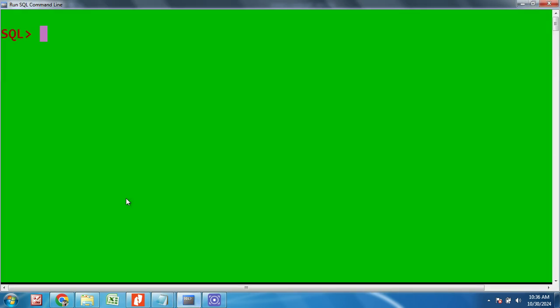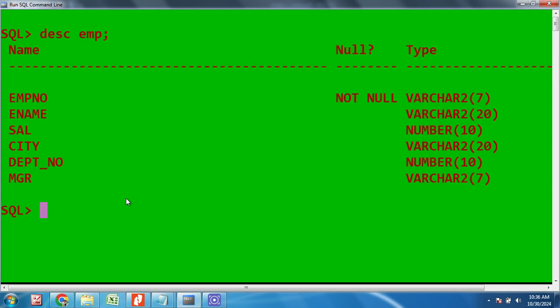We have two tables, EMP and DEPT. Let's describe EMP. This is the description of the EMP table, where we have EMP number, ename, salary, CT, department number, and MGR. EMP number has been declared as primary key.